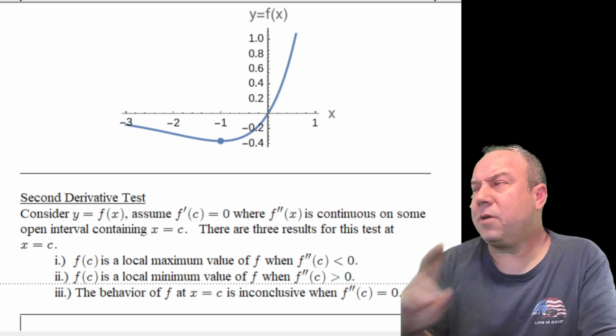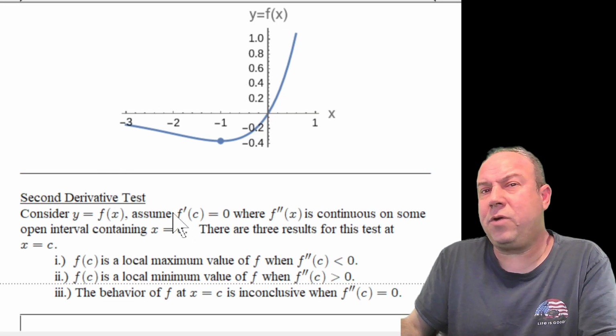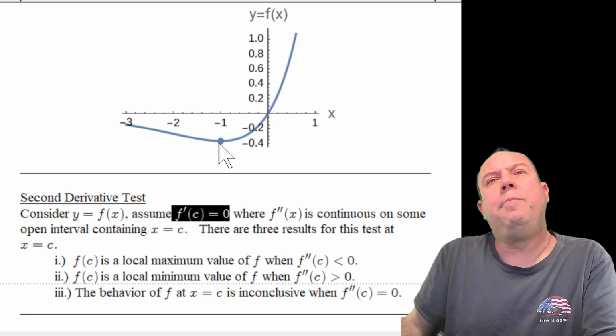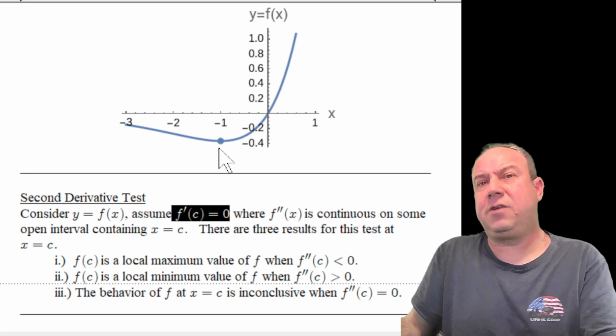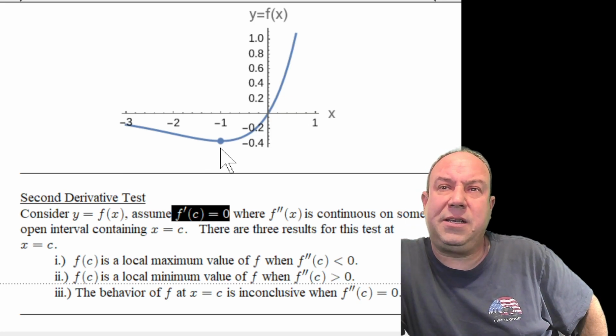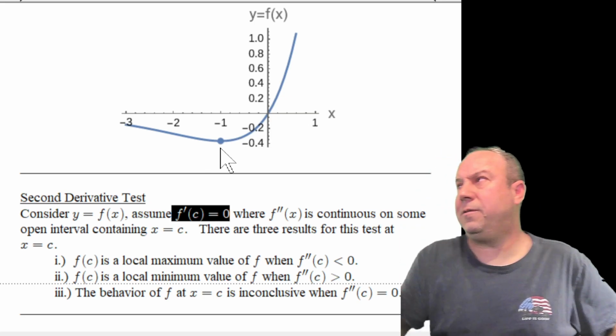And there are some conditions there for that setup. You do have to have the slope of the line tangent to the curve at this location be 0, and that is what we see going on here in this graph. And the function itself needs to be continuous at that location.